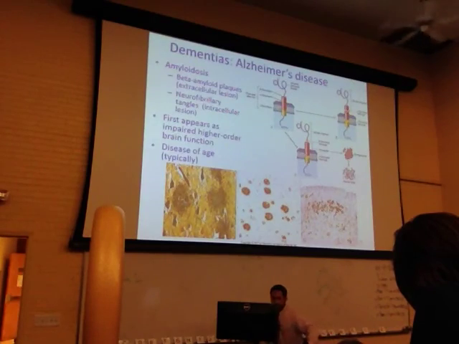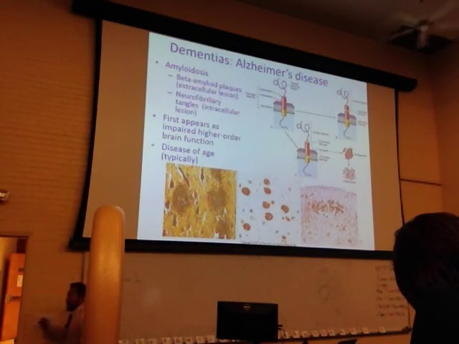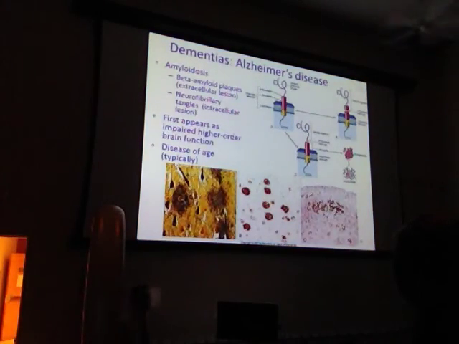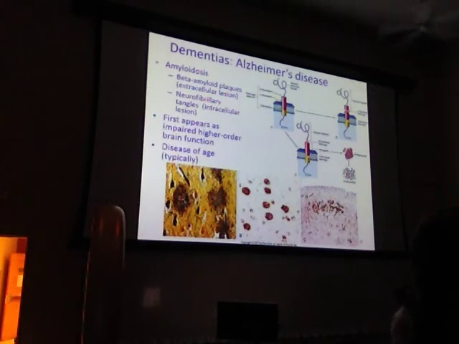So, it's called the disease of the age, or a disease of the elderly, because it's much more common in elderly patients. And in one of the videos I want you to watch this week, you're going to see two twin brothers. One of them starts developing Alzheimer's very early, and it doesn't show in the video, but the second brother eventually, like 10 years later, starts developing Alzheimer's-like symptoms.